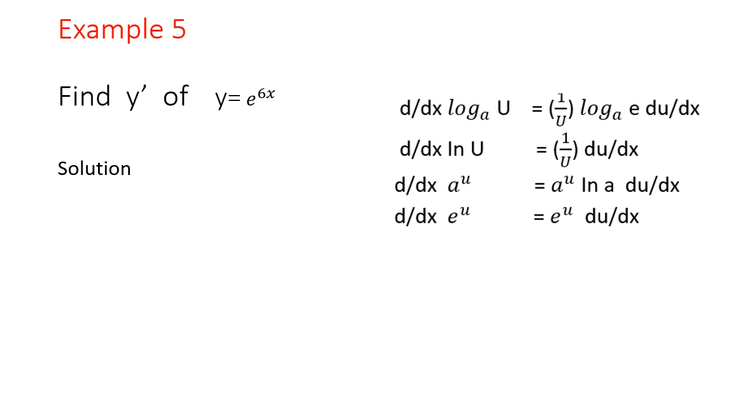Find y prime of y equals e to the 6x. So y prime equals e to the power 6x times 6, equals 6 e to the power 6x.